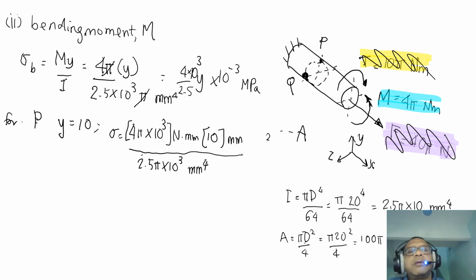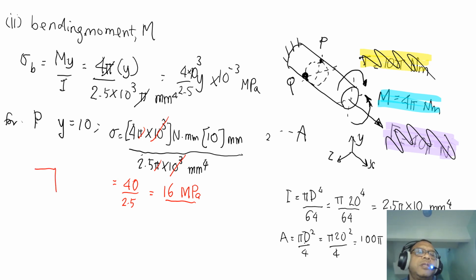So now we can do the simple calculation, it is equal to 40 over 2.5 megapascal, equal to 16 megapascal. So we can draw, at P it is compression.